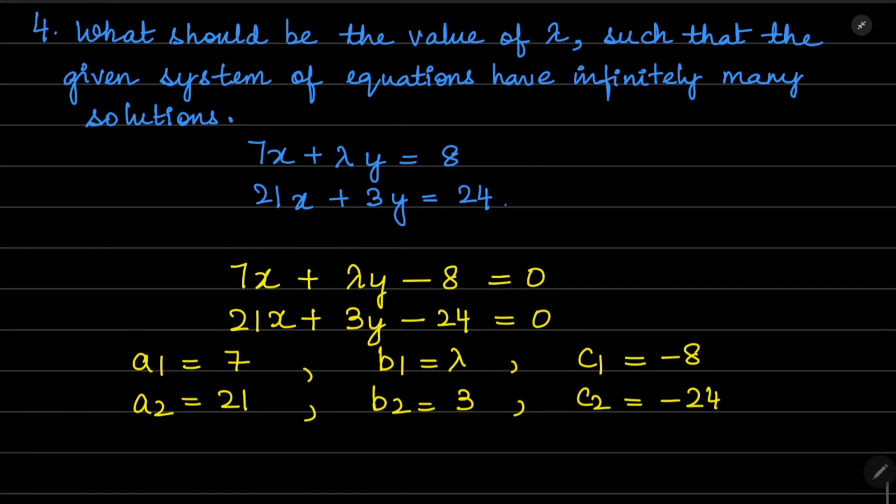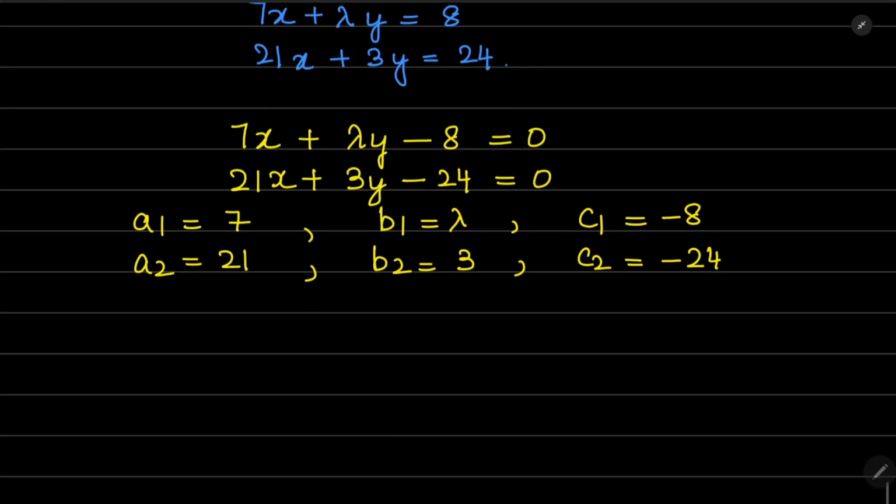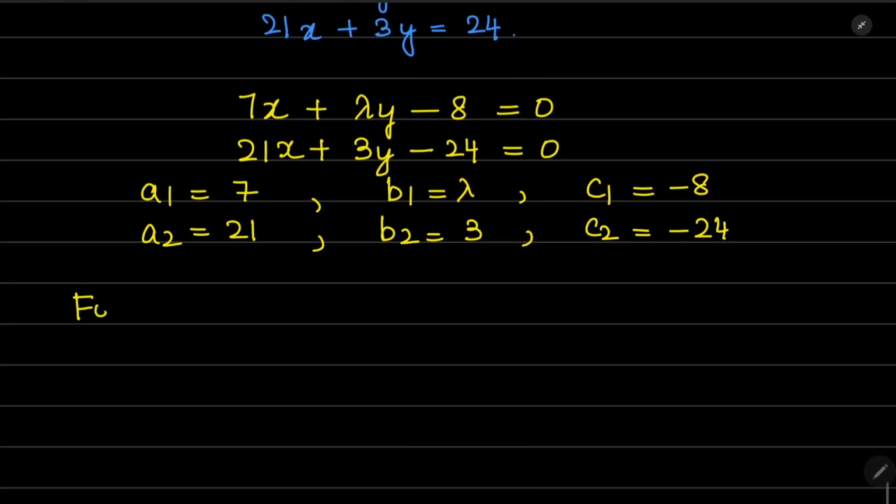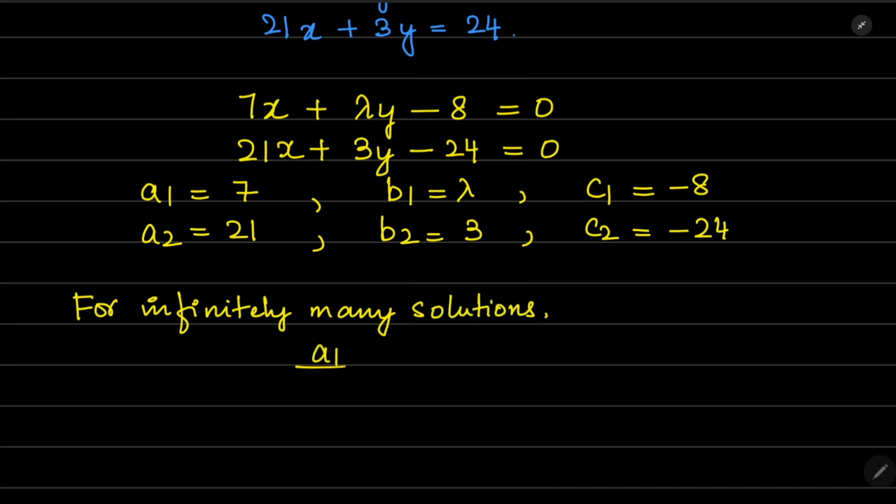Now, what are you given? This system of equations has infinitely many solutions. So what should you write? For infinitely many solutions, a1 by a2 should be equal to b1 by b2, and that should be equal to c1 by c2.